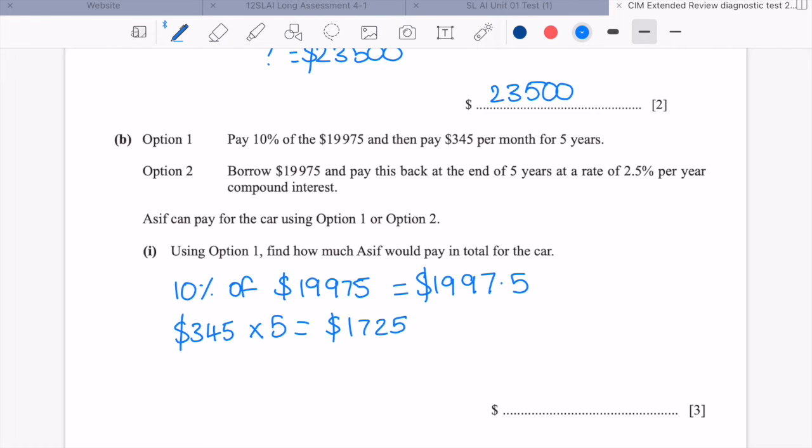So in total, I'm going to be paying this price up front and this price over the next 5 years. So that gives me a total of 22,697.50, and I need the 0.50, not 0.5, as it's money.